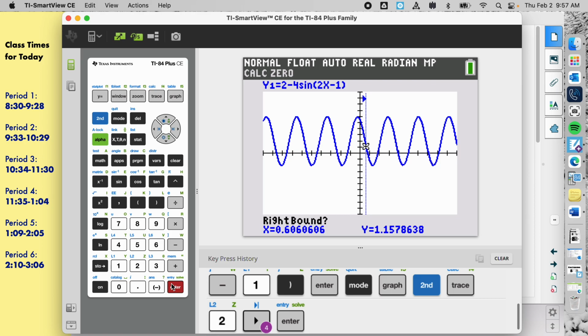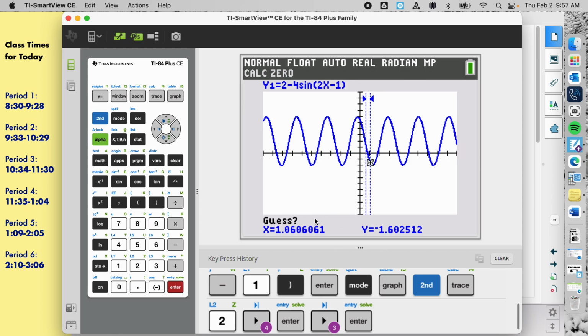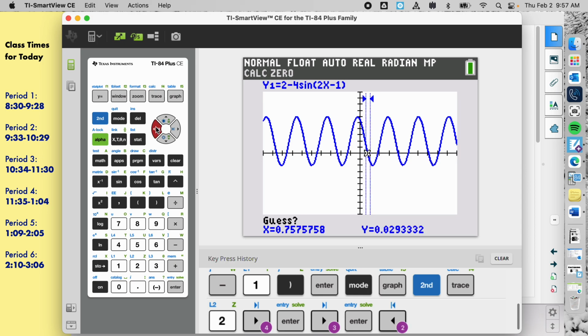Now it says right bound, which means it wants you to put the cursor to the right of the 0. And you should get another dotted line. My 0 should be in between those 2 dotted lines, and it is. Now, I don't know why it asks you to guess. You shouldn't need to do this step, but it has you do it. Put the cursor about where it crosses, and then hit enter. And it tells us our first 0 is at 0.762.